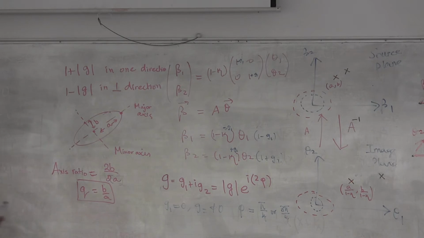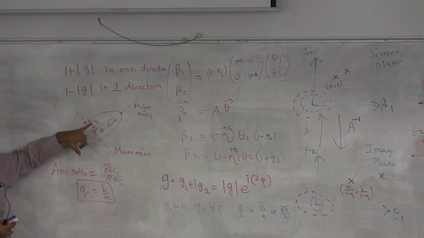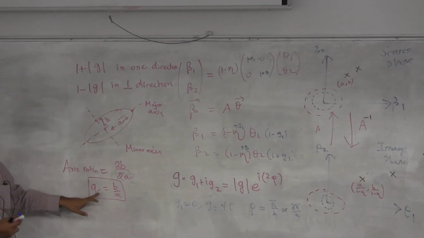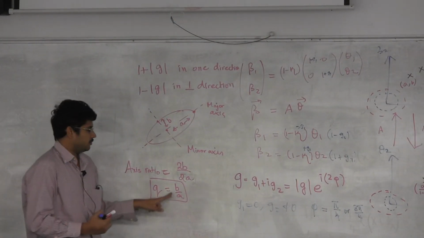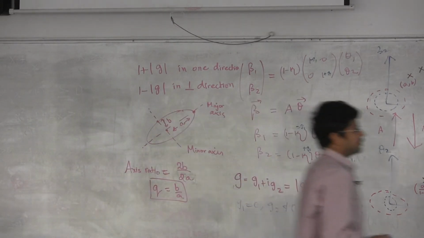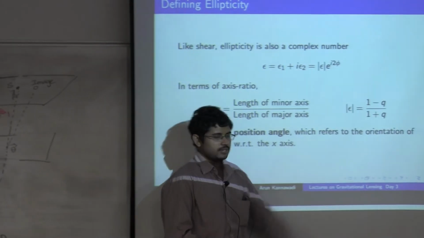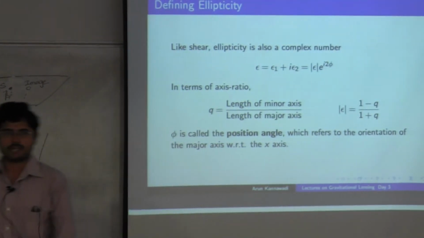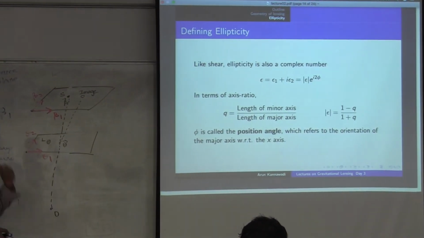So for a circle A equals B, there is no specific major axis and minor axis. You can choose any perpendicular axis, and Q is 1. So the axis ratio Q is 1 for a circle, and you want this to be of zero ellipticity. There are various definitions of ellipticity, but I've taken one, which is 1 minus Q divided by 1 plus Q. So if Q is 1, as it is for a circle, it has zero ellipticity.